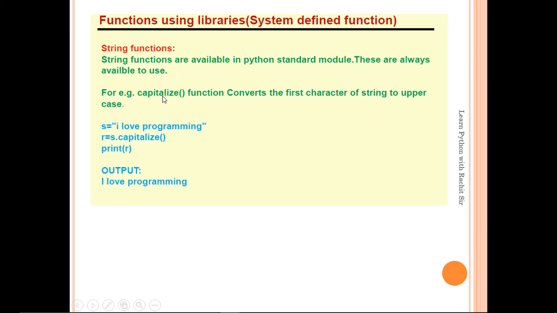For example, capitalize is a function. It will convert the first letter of a string to uppercase. This is an example: this is a string, stored in the variable s. Here it is written r is equal to s dot capitalize, then parentheses. This function will execute and convert the first letter of the string, like this: I love programming.